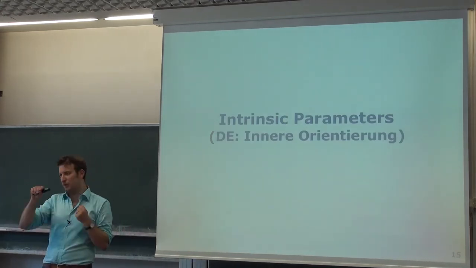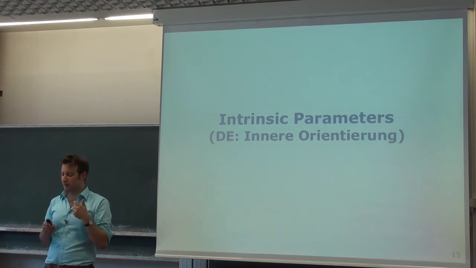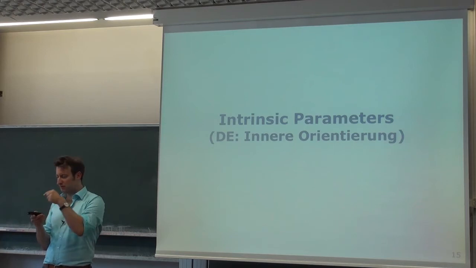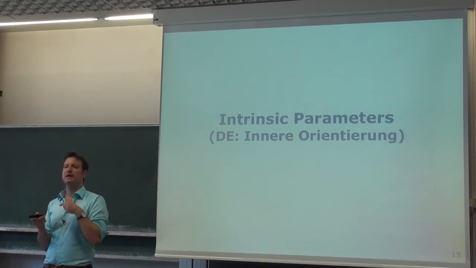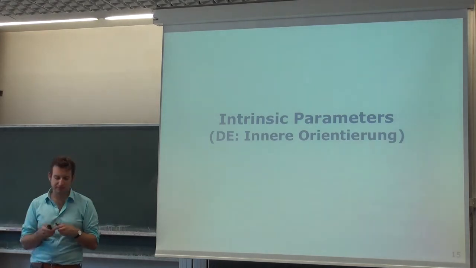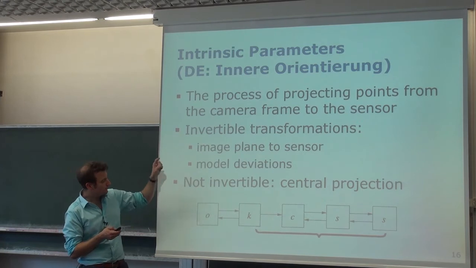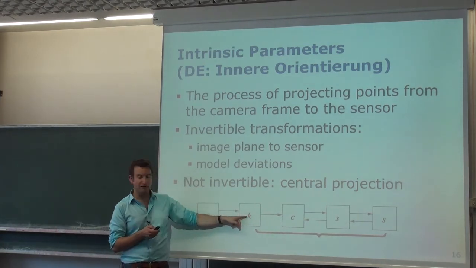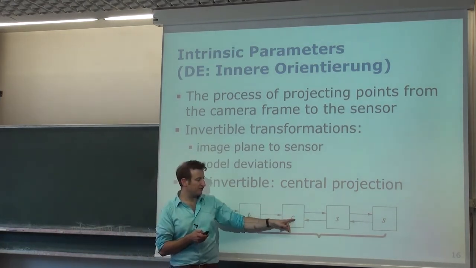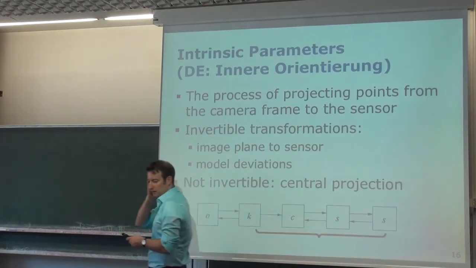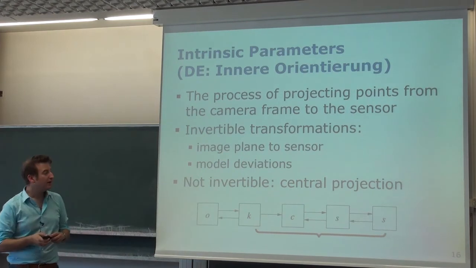Now we have our point expressed in the coordinate system of my camera, and now we need to map it first to the image plane, and then we need to map it to the sensor. So we again start over here with this transformation to the sensor and then account for the nonlinear errors.